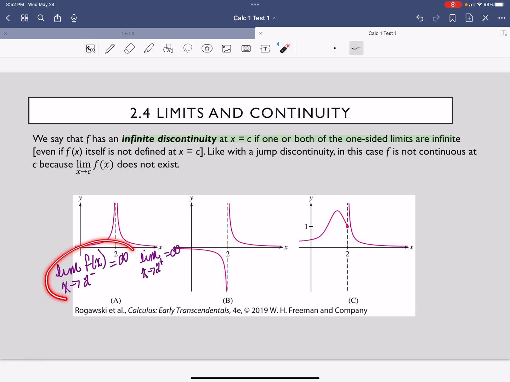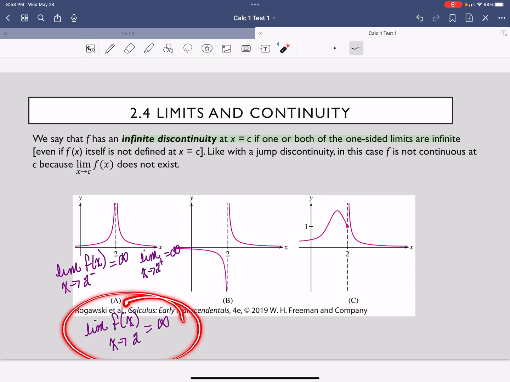Because these two agree, our limit exists. So the limit of f of x as x approaches 2 is also infinity. But we still have an infinite discontinuity because we've got a vertical asymptote right here.